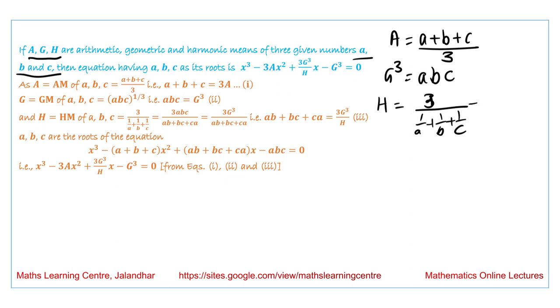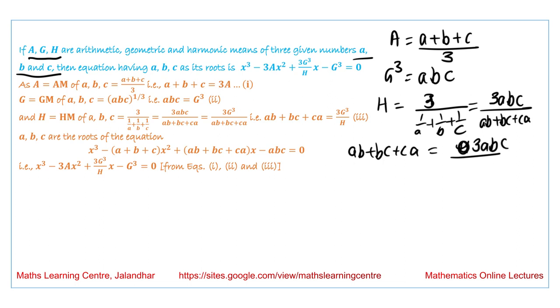If you solve this value you will obtain 3abc by (ab plus bc plus ca). So we obtain from this that ab plus bc plus ca is equal to 3abc by H.